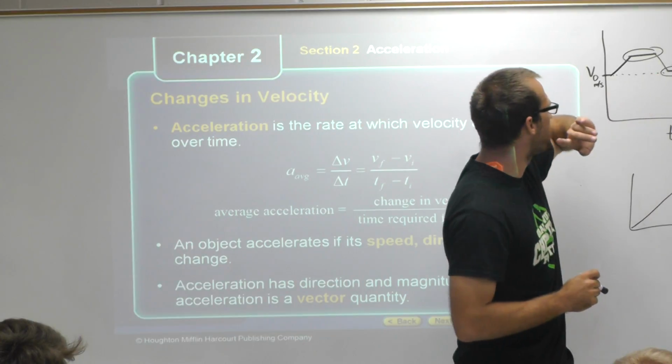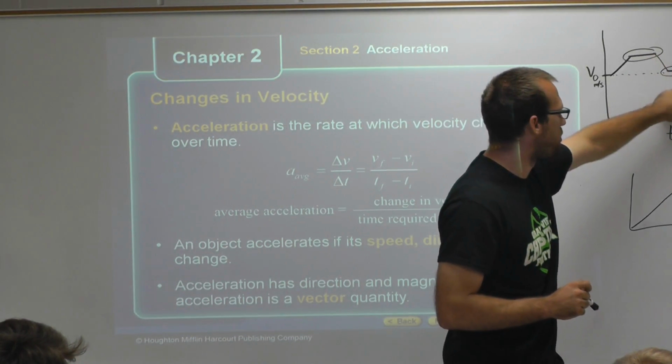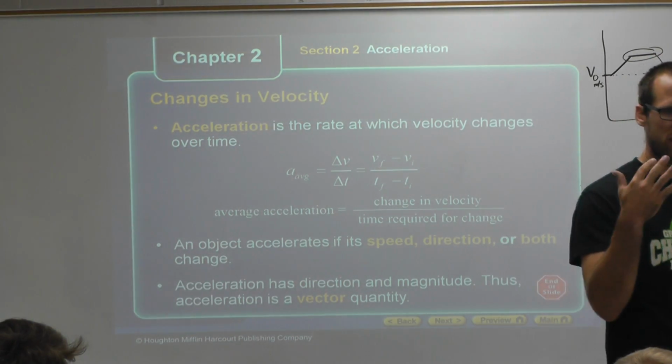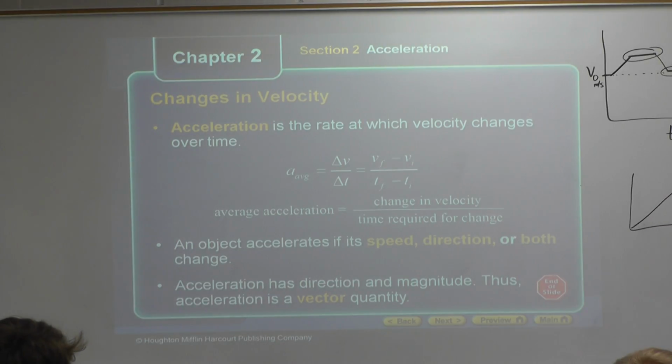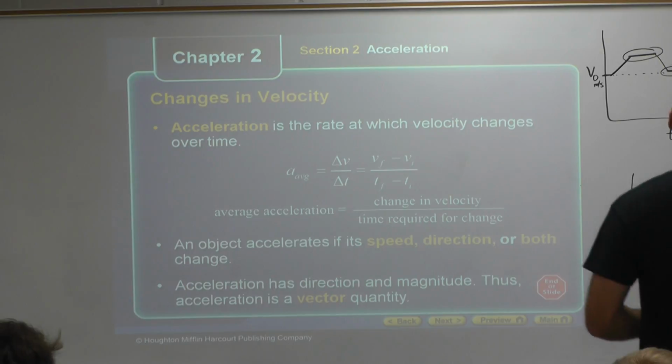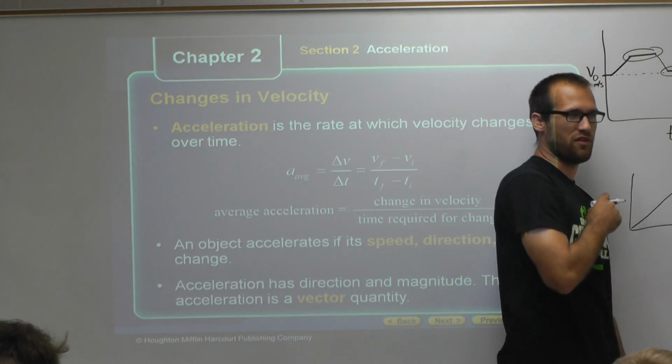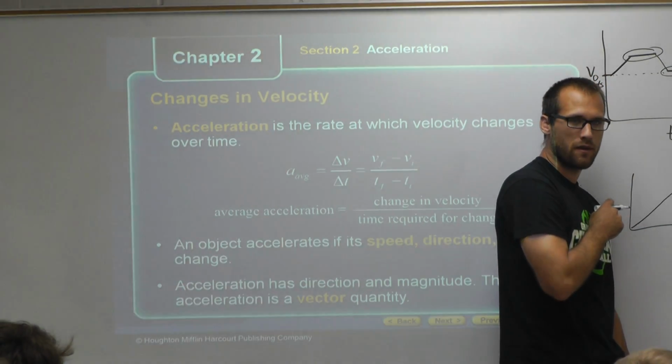Why did I circle all these points? Did you notice some connection between all of those? They're flat. They're all flat. What did we say acceleration is in regards to a velocity versus time graph? The slope. All of those places have no slope, so they're not accelerating. Now, there's only 2 of these places where the velocity is actually 0.